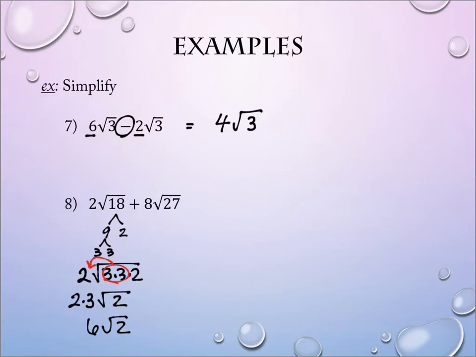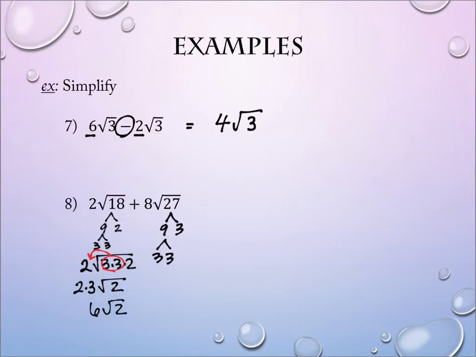Now let's go back to 27. How will 27 break down? 9 and 3, good. 9 is 3 and 3. Okay, great. So there's already an 8 on the outside. Let me make this a little bit smaller. I should make that small too.